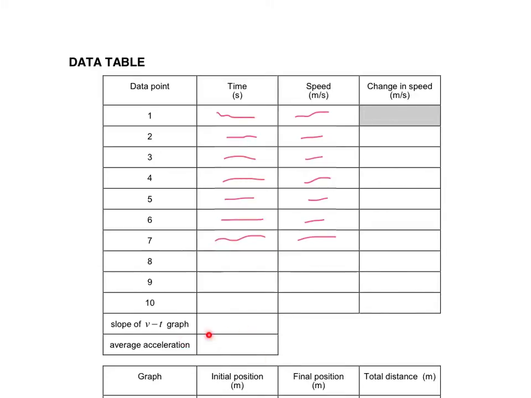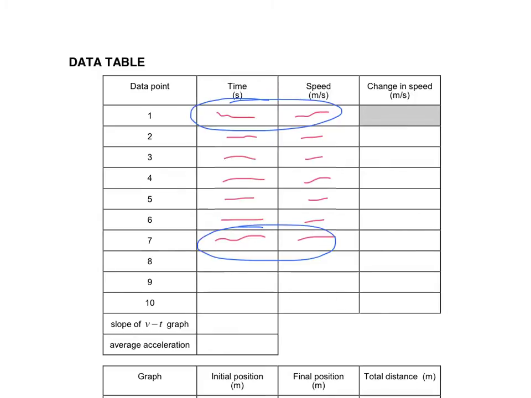Well, if you take a look at the analysis question that you have, I think it's question number 4. Analysis question number 4 says that what you have to do is take a look at your first data point and your very last data point.